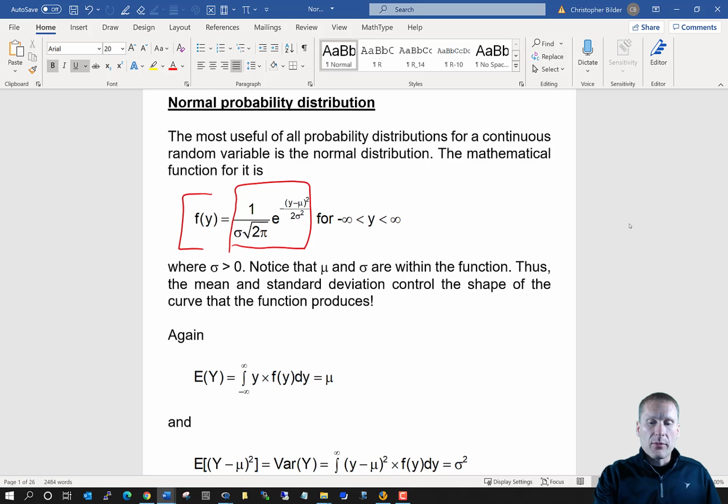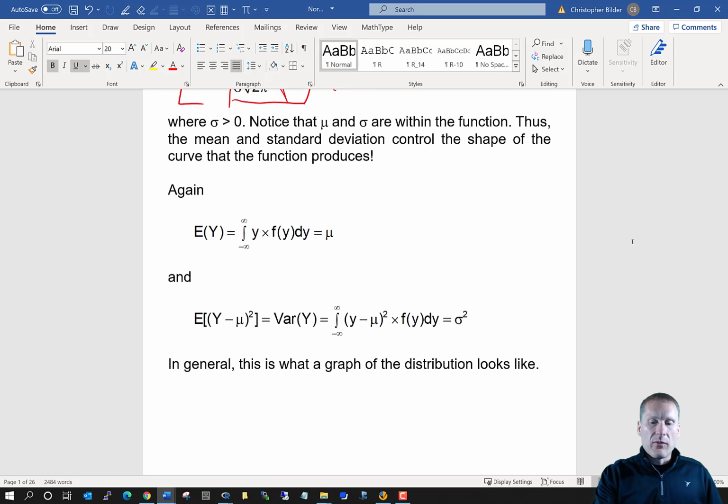Then we have the exponential function, and we raise it to the negative (y minus mu) squared power divided by 2 sigma squared. This is defined for possible values of y that are between negative infinity and positive infinity. So, again, the expected value of y is equal to mu. The variance of y is equal to sigma squared. We'll look at how to find that shortly.